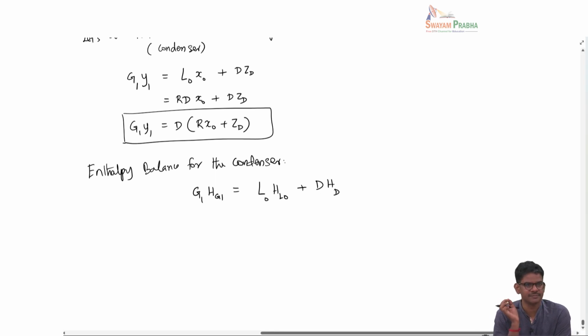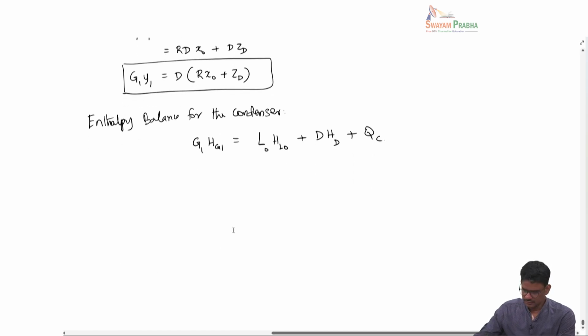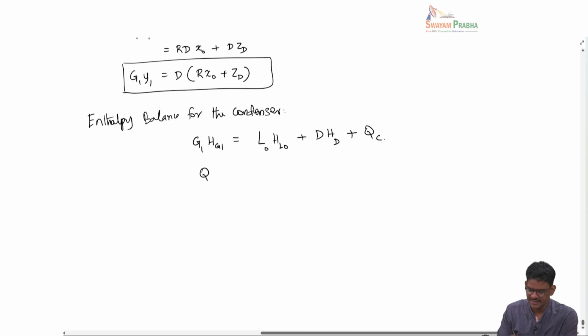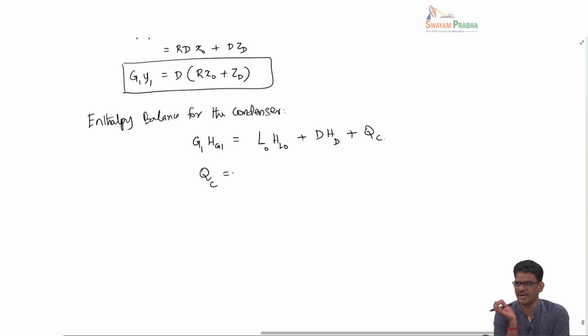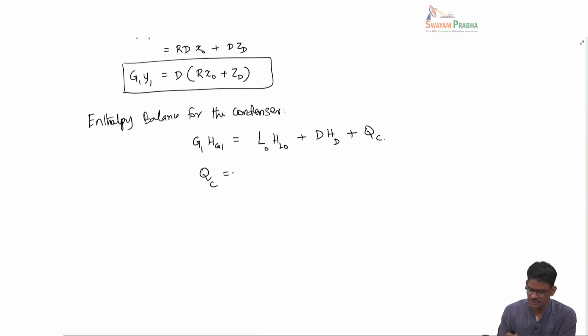What else? The heat removal, right? That is QC. So generally we are interested in calculating how much is the cooling duty for the condenser, and if you want to obtain this, this is the energy balance you should be doing.